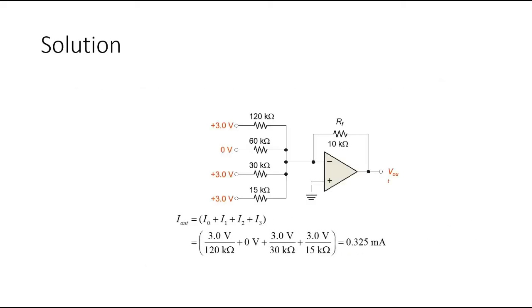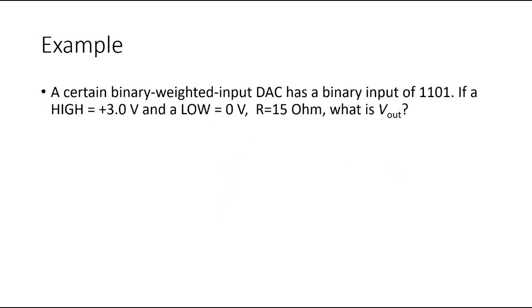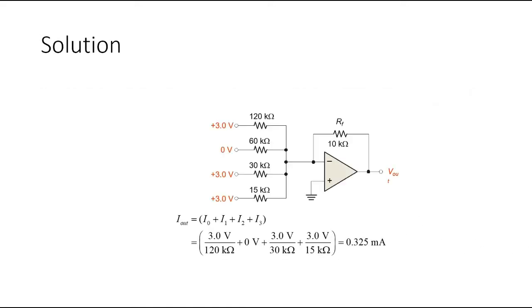Okay, we go to examples. A certain binary weight input DAC has binary inputs 1101. If the high equals 3 volts and low equals 0 volts, and the resistor is 15 ohms, what is V out?